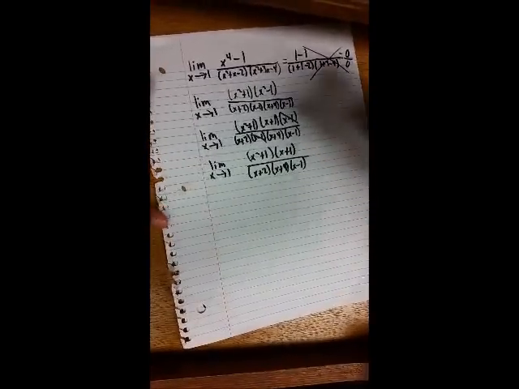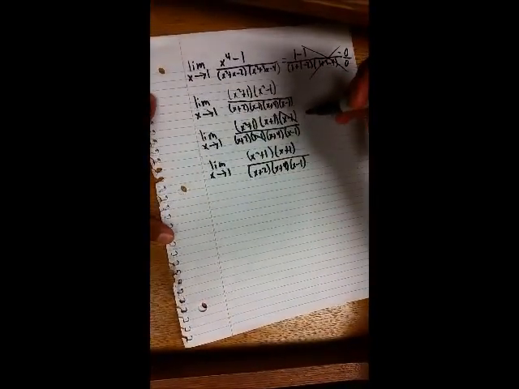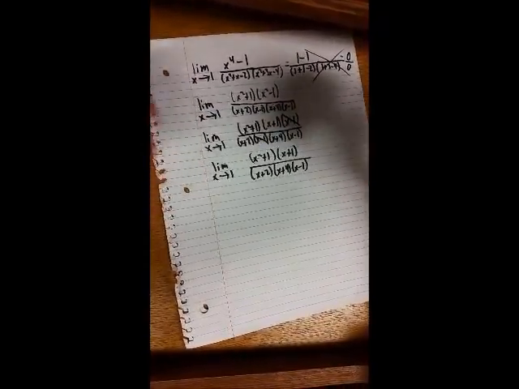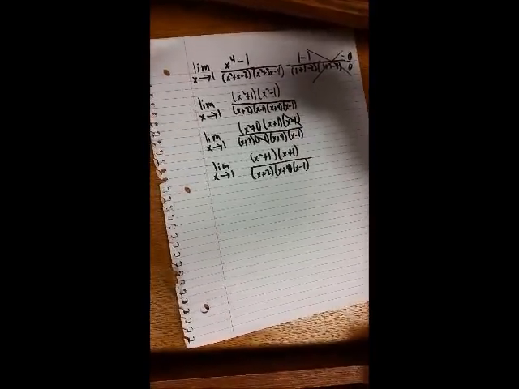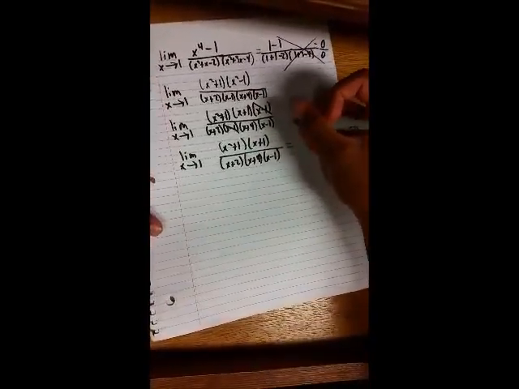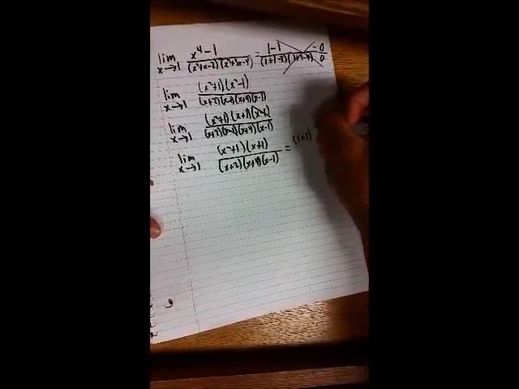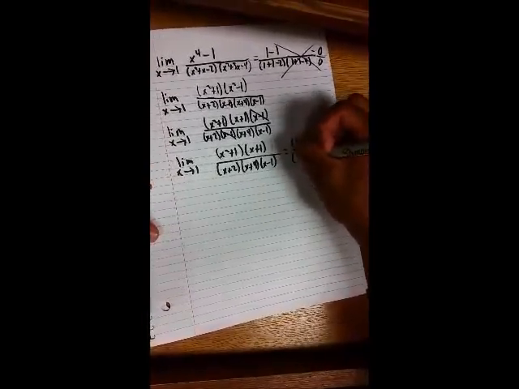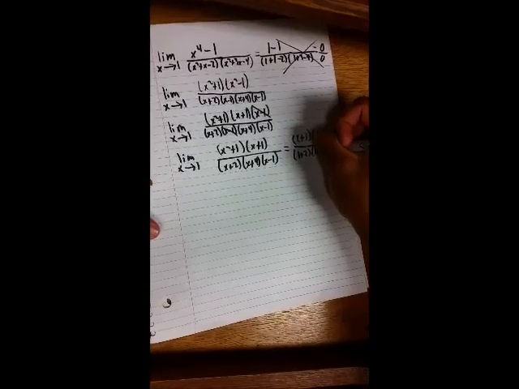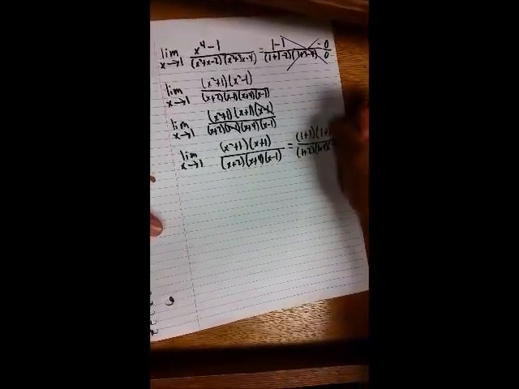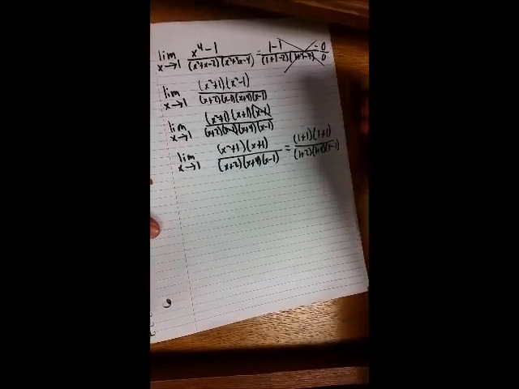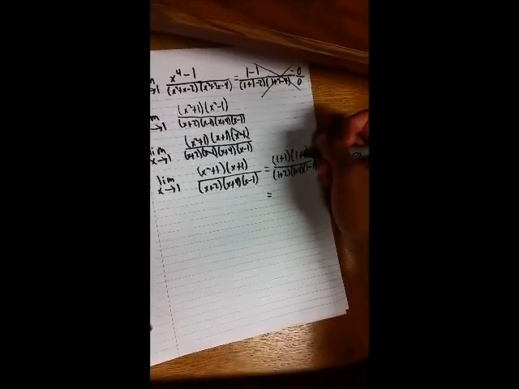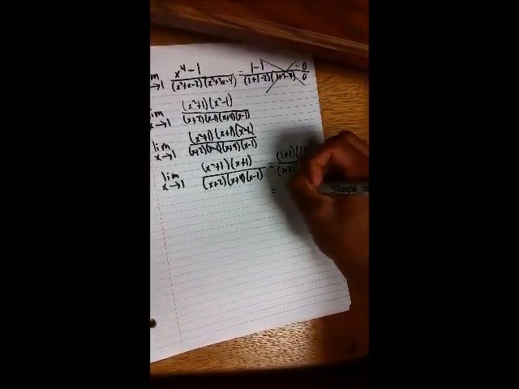Now that we've factored and eliminated something from the top and bottom, we can try plugging in 1 again and see what we get. As long as we don't get 0 over 0, we know it's going to be our answer. Plugging in 1, we get (1 + 1)(1 + 1) all over (1 + 2)(1 + 4)(1 - 1). On top, 1 plus 1 is 2 times 1 plus 1, which is also 2, so we get 4.